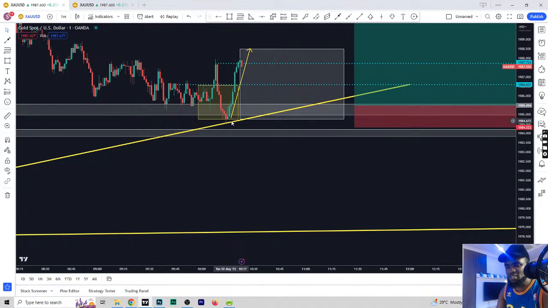Okay, now we see the market when it was approaching to reach our box here, which was for market manipulation. You see how the market is reacting right now. The market is reacting crazy. That's why I say even with small movement, I mean moving from this zone to this zone, you can book a lot of money.